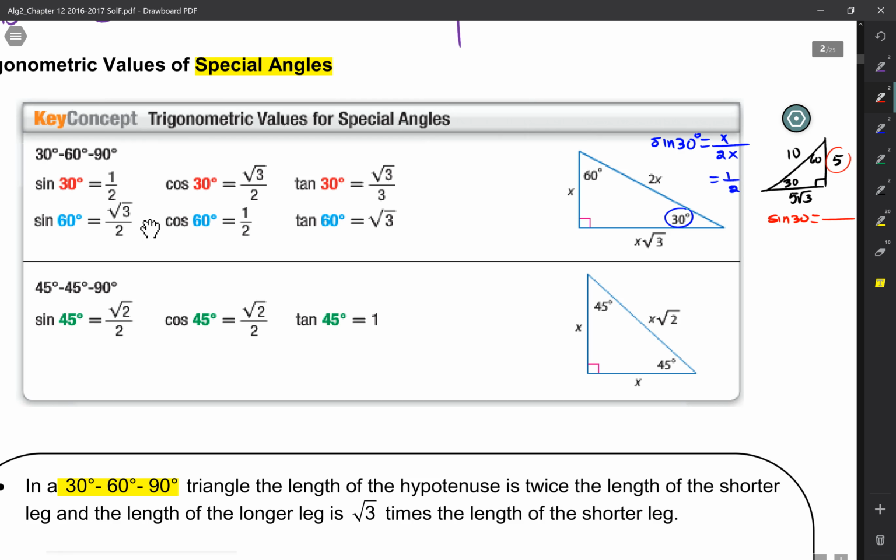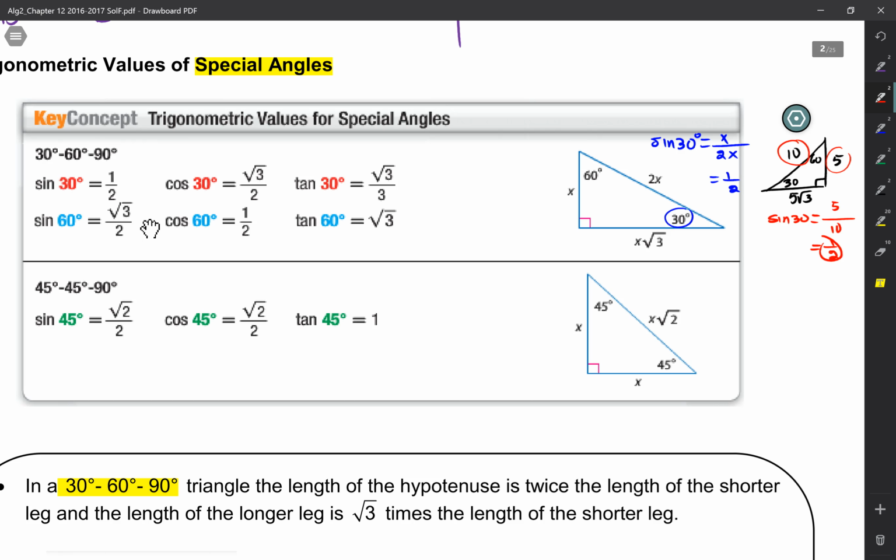It'd be opposite over hypotenuse, so 5 over 10, which is 1/2. So no matter what your triangle looks like, if it's a 30, 60, 90 triangle, the sine is always going to be what? 1/2. It's always going to be 1/2, right?